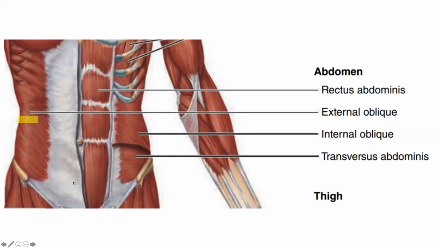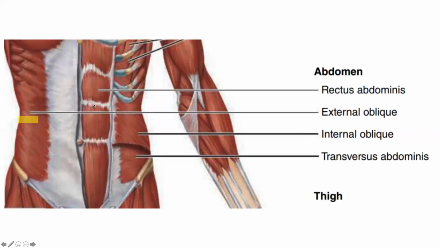So the knowledge of the anterior abdominal wall muscles becomes important. What are the anterior abdominal wall muscles? They are external oblique, internal oblique, and transversus abdominis.